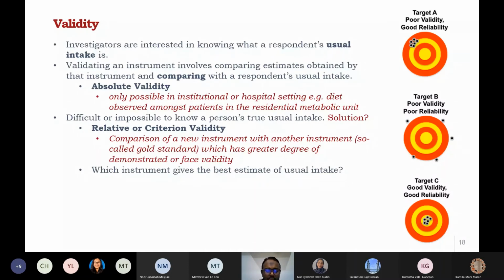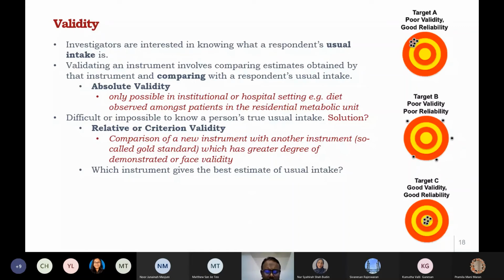Validating an instrument involves comparing estimates obtained by the instrument with another method that can measure respondents' usual intake. So we have two types of validity. The first one is absolute validity, and the second one is relative or criterion validity.